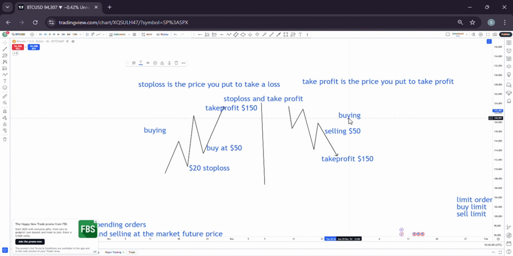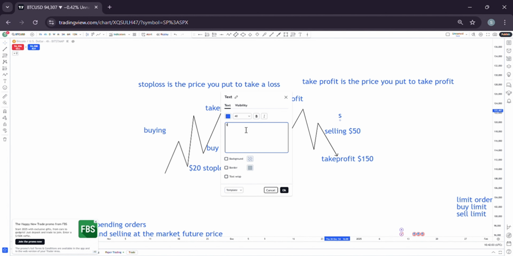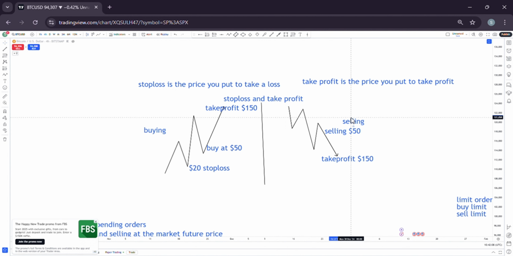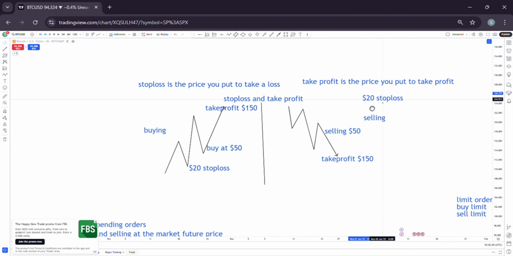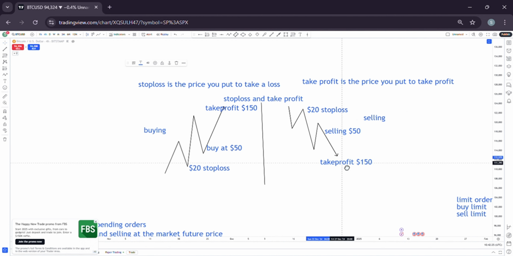So when you're selling, your stop loss has to be above and your take profit has to be below. Let's say, for example, our stop loss, we can clone it here, and our take profit below.